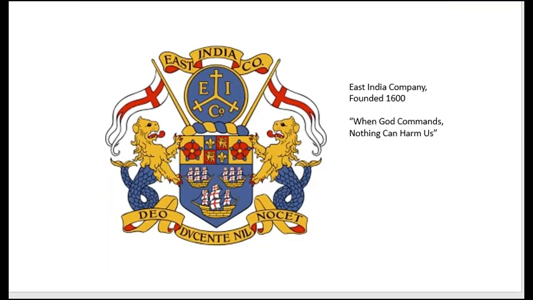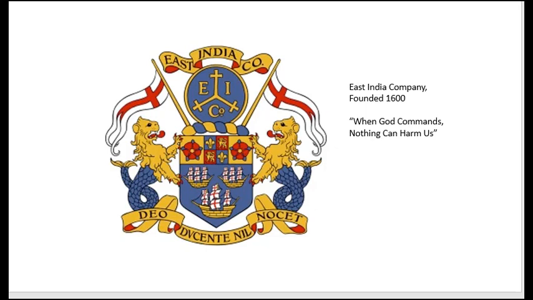Both the British and the Dutch did not try to establish governmental rule directly over the trading networks and ports around the Indian Ocean basin. Instead, they relied on private companies. The Dutch had their East India Company, and the British had their East India Company.